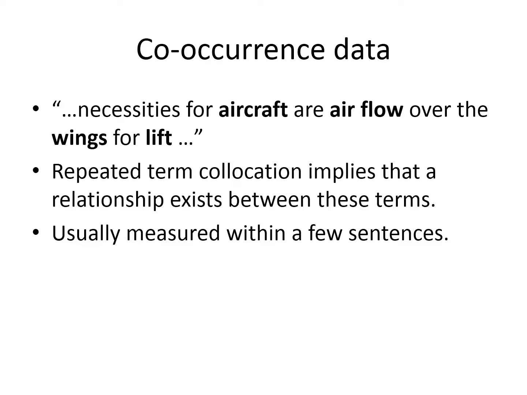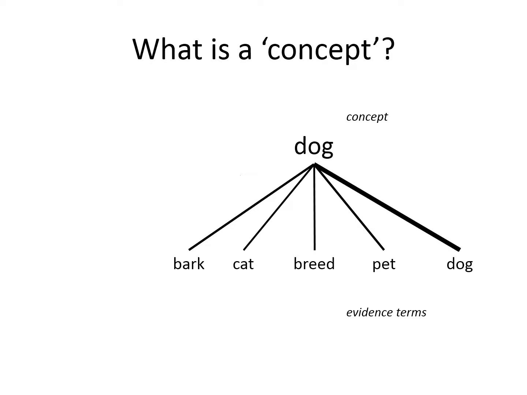So we look across a text and try to find out which words seem to be traveling together. What a concept then becomes is one of those words being promoted to become the name of the concept, but the concept is actually a group of words that bind together.